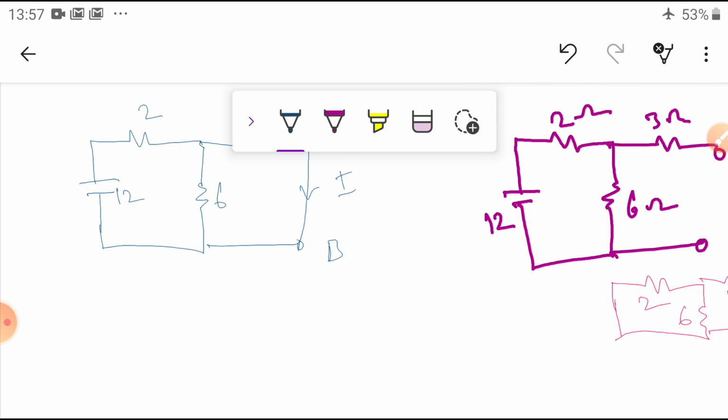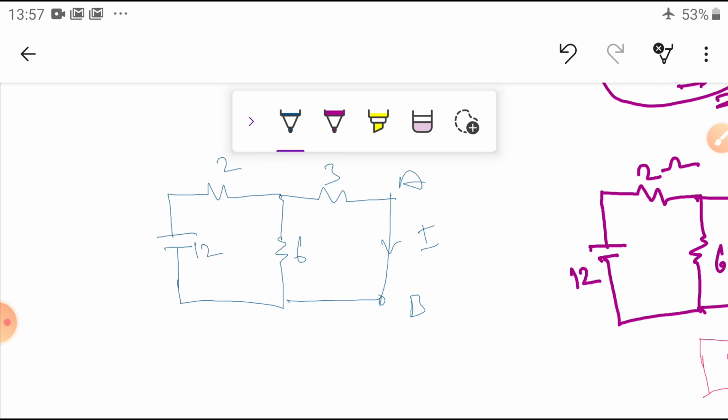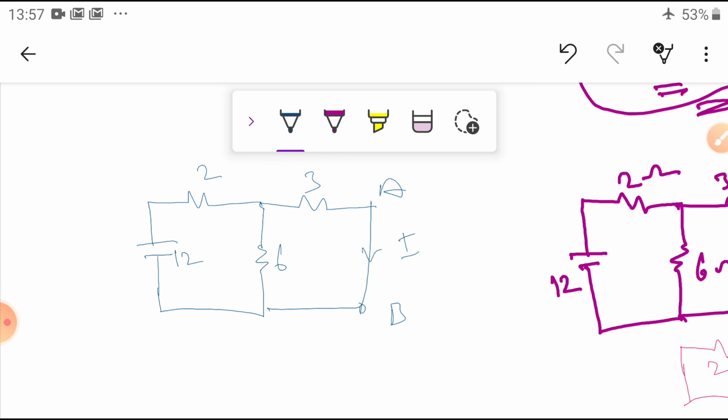Now what is the equivalent resistance? You are going to find it. So this equivalent resistance, R total, is equal to, it's a series, these two are parallel, so 3 into 6, 18, over 3 plus 6, 9, plus 2. 9 ones are 9, 9 twos are 18, so 2 plus 2, 4 ohms.